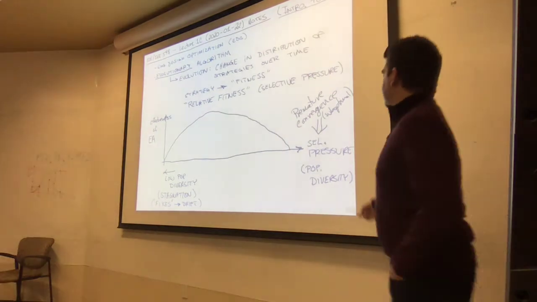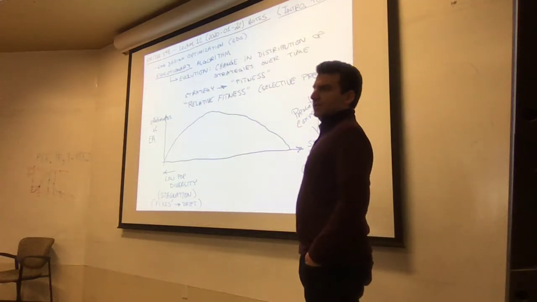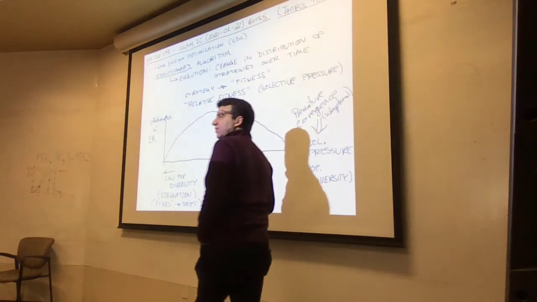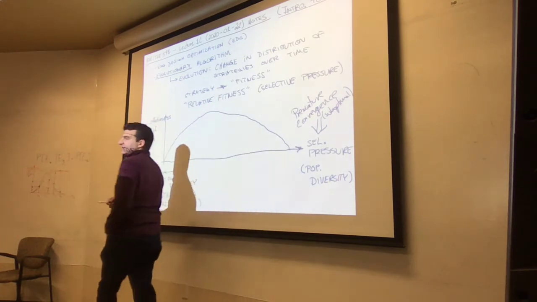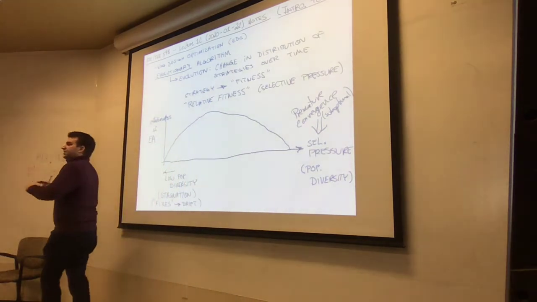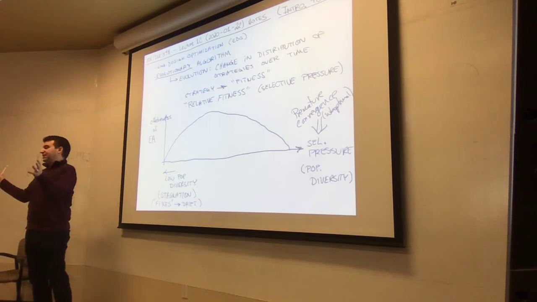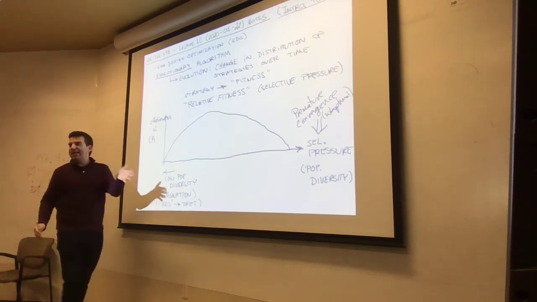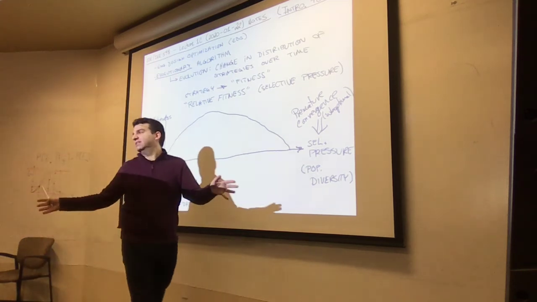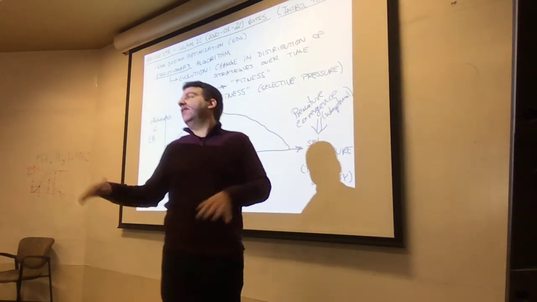If you have really, really high population diversity, there are going to be some individuals that are so much better than others that they are going to dominate the next population. Now, they may not be good in a global sense, but locally, they're better than all the rest.